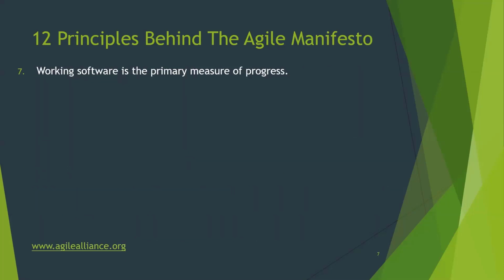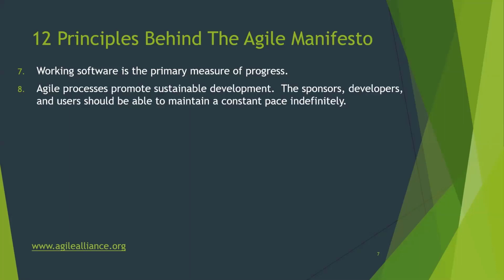Working software or a working product is the primary measure of progress. Agile processes are meant to promote sustainable and ongoing development, with the sponsors, developers, and users maintaining a constant pace indefinitely until the project or product has been delivered.